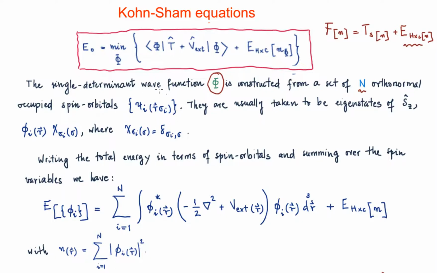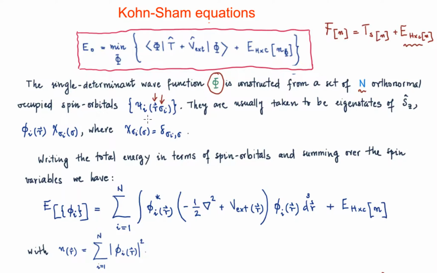So here we have these one electron wave functions that of course depend on these spatial and spin variables. And so we are going to first build that single determinant wave function just using those occupied spin orbitals.